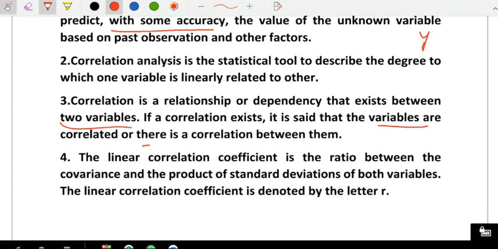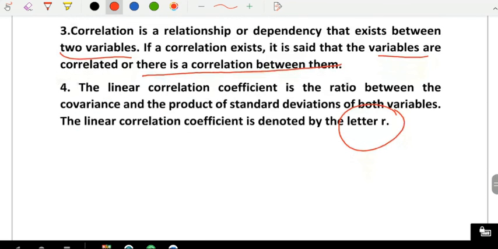So for this purpose, we find the linear correlation coefficient, and it is denoted by the letter R. The linear correlation coefficient may have a value from -1 to 1, including 0.